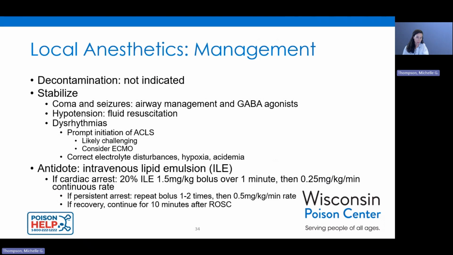Oftentimes, the dysrhythmias associated with local anesthetics are very challenging to control, and some patients may wind up on ECMO. It's important to optimize myocardial performance by correcting any electrolyte disturbances, treating hypoxia, and correcting acidemia. The antidote associated with local anesthetics is intravenous lipid emulsion.